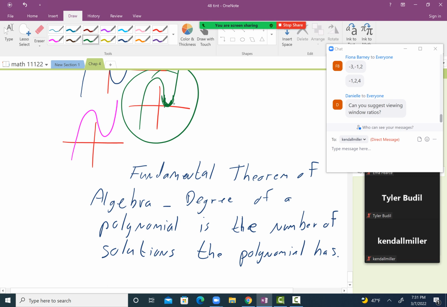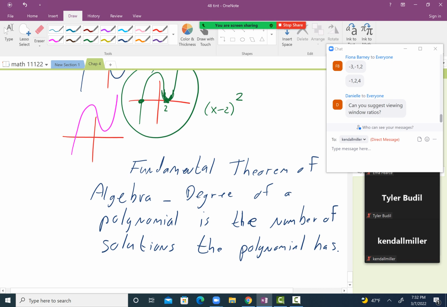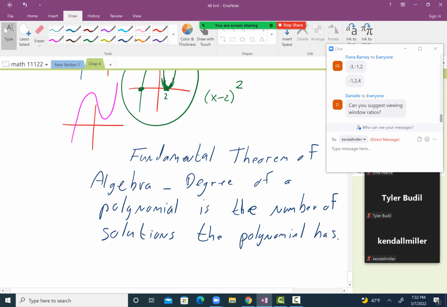Because remember, whatever that number is, say it's a 2, then when we write that, that's going to be x minus 2 squared, because it's a multiplicity of 2. So it counts as 2. So still, the fundamental theorem works, because we have 1 there, and we count that one as 2. We'll get to this pink or fuchsia, or whatever color that is, in a little bit.